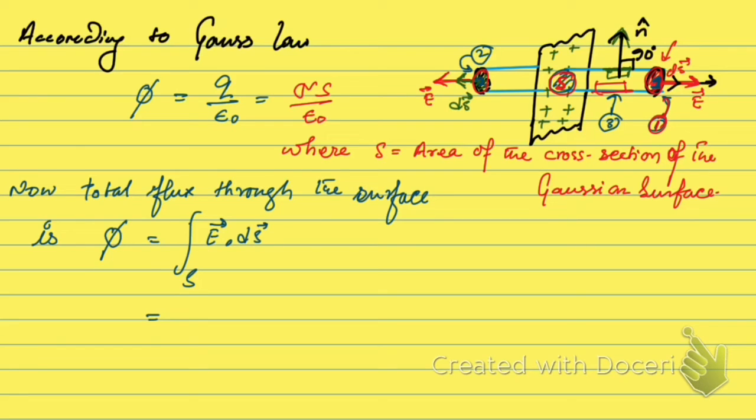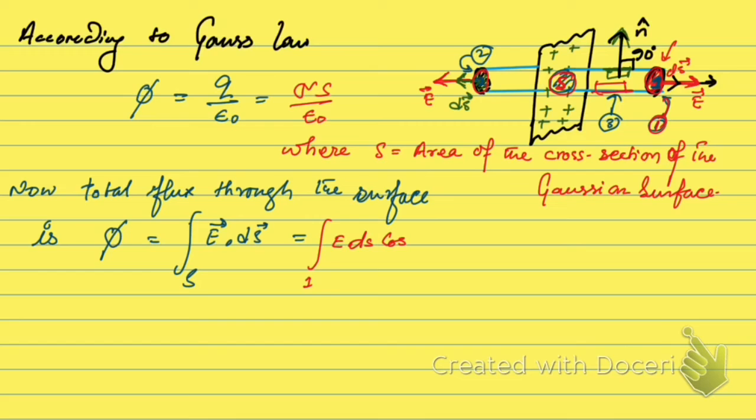Sorry for this displacement. So now for the first surface, E dot ds is E ds cos theta. For the first surface theta is 0, because this is the direction of the electric field as well as the direction of the area vector.